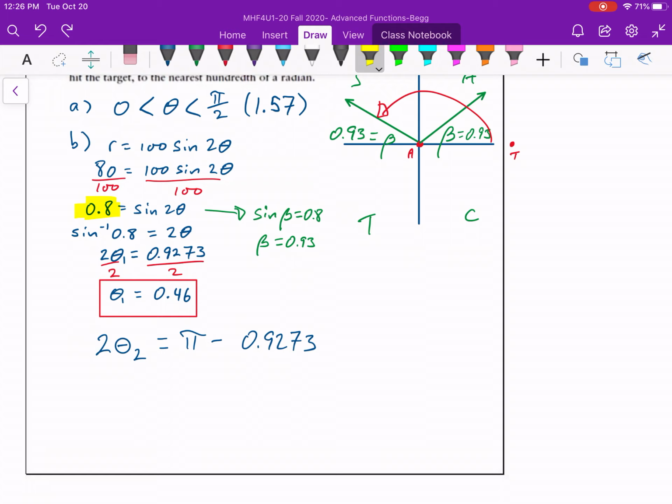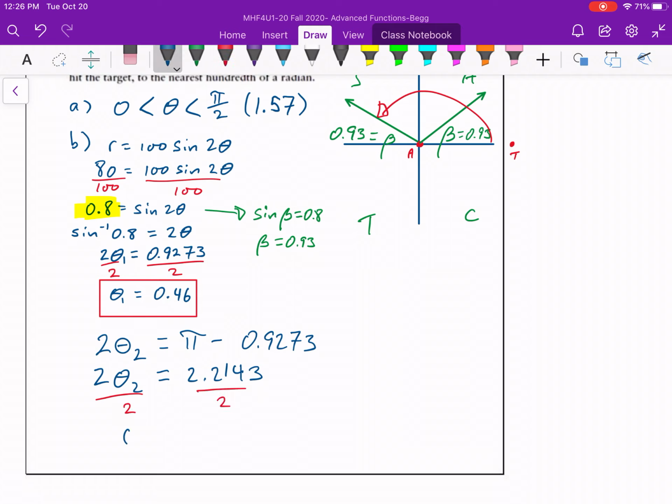So working that out, what we see is that we get 2 times theta 2 is equal to 2.2143. And then I can divide that in half.